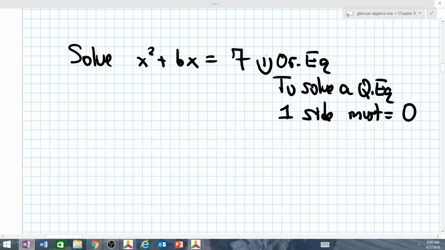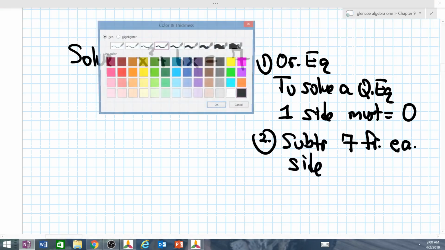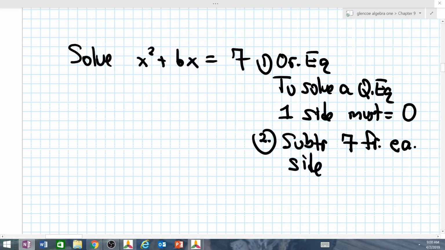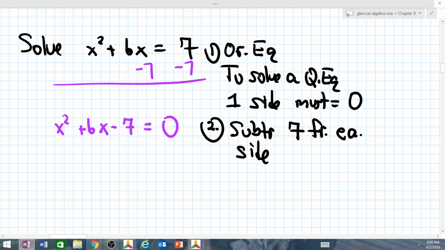So what I'm going to do in my next step is subtract 7 from each side. So this is going to become x² + 6x − 7 = 0.